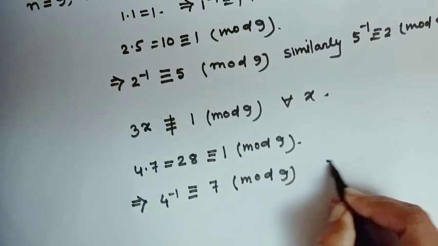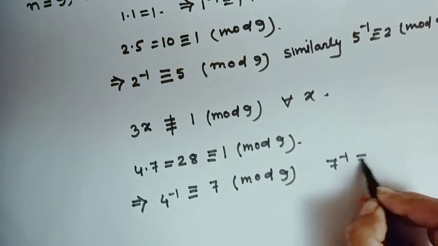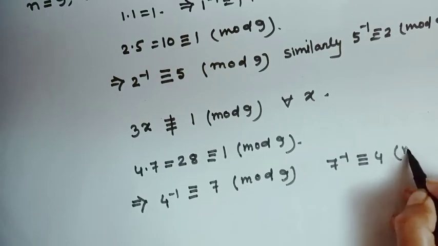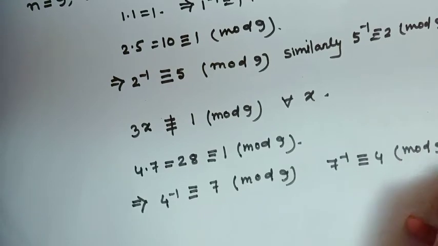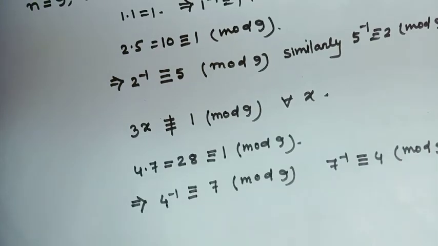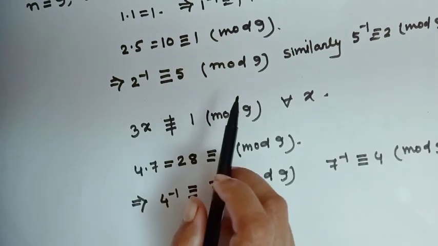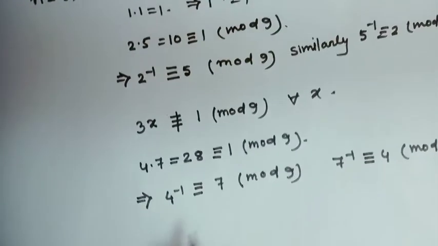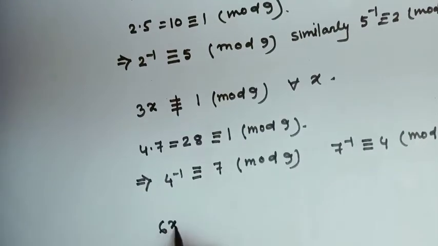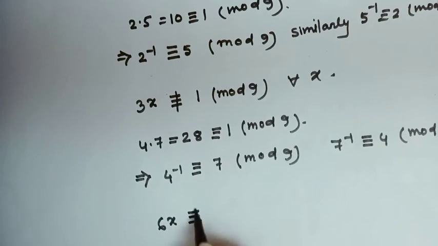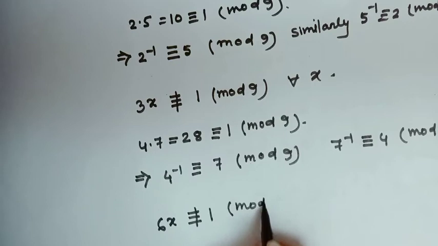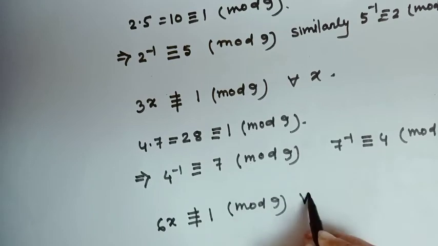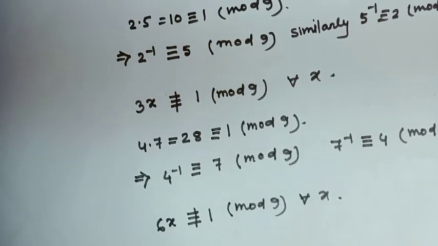Similarly, 7 inverse is congruent to 4 modulo 9. If you look at 6, then 6x is not congruent to 1 modulo 9 for all x.